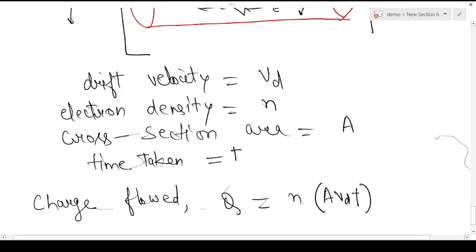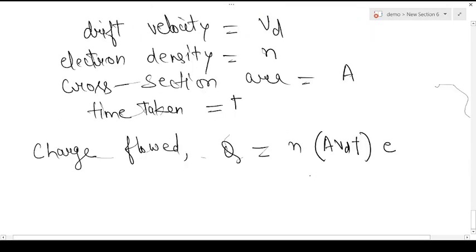So n is multiplied with the volume, and we get the total number of electrons which have passed from right to left. Each electron has charge e, so by multiplying with e, we get the total charge.